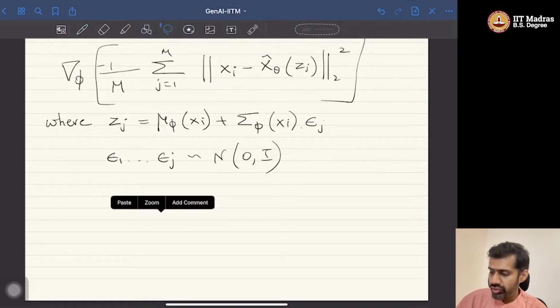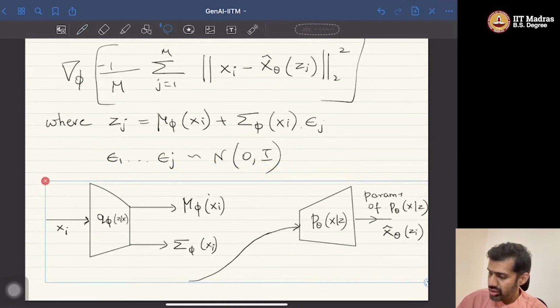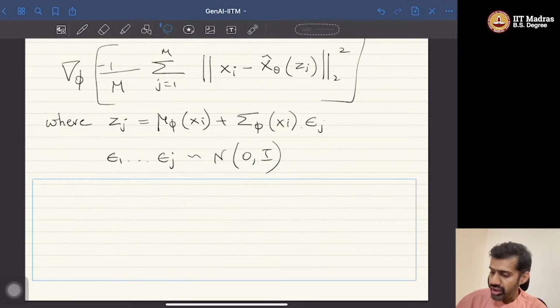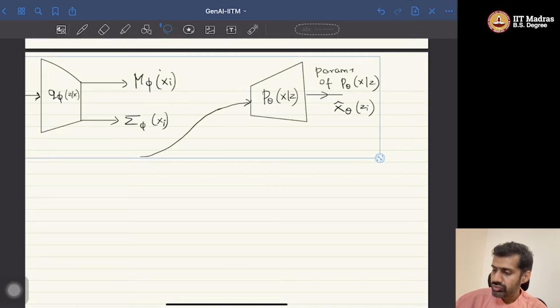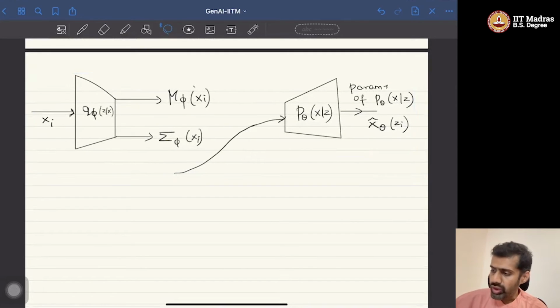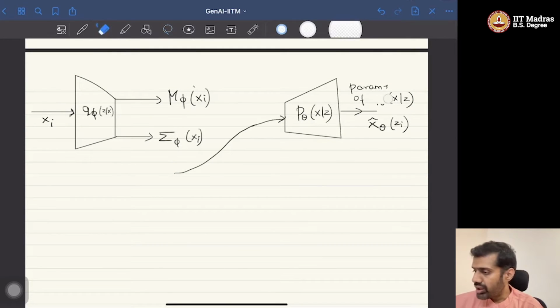Let us see how the gradient computation happens here.